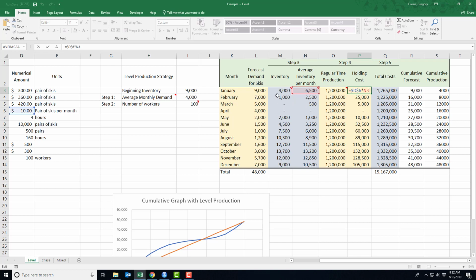So in January, I'm holding on average 6,500 pair of skis in inventory, and it's costing me $10 per pair to hold it. So the cost is $65,000. So I have 2,500 on average in the month of February, and $10 per pair, 25,000, and I just continue this along the line.